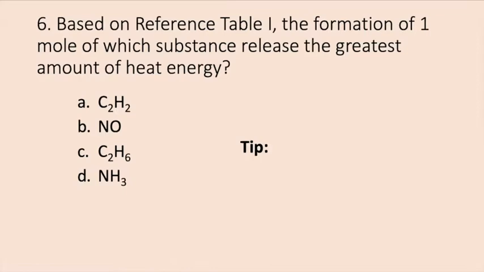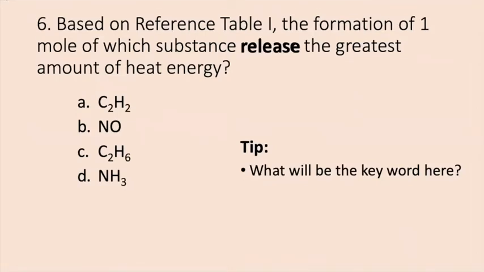Question number 6 says, based on Reference Table I, the formation of 1 mole of which substance releases the greatest amount of heat energy? And there's 2 tips to this question. 1, what will be the key word? It's going to be that the substance releases energy. So is this endo or is this exo?